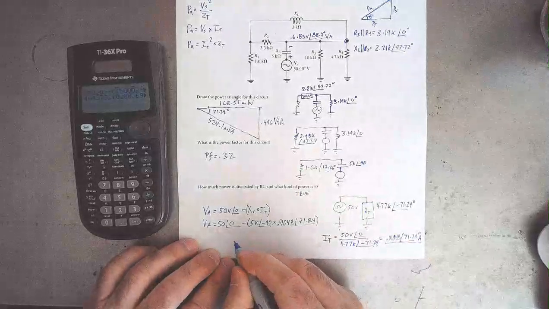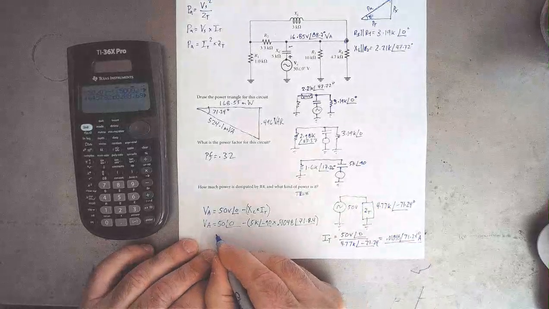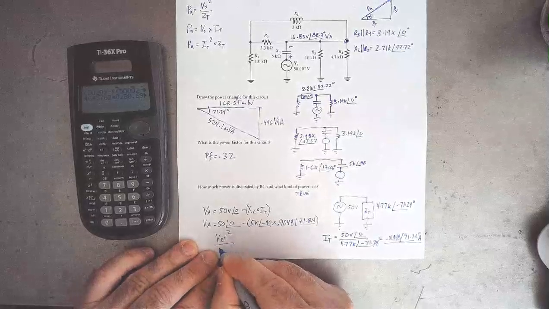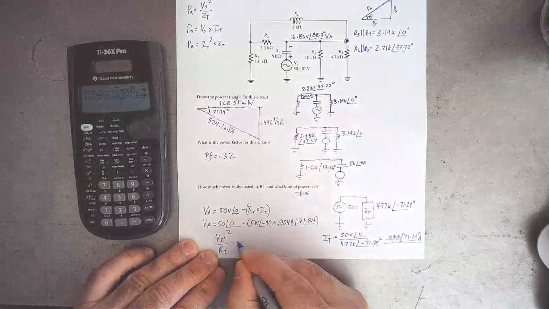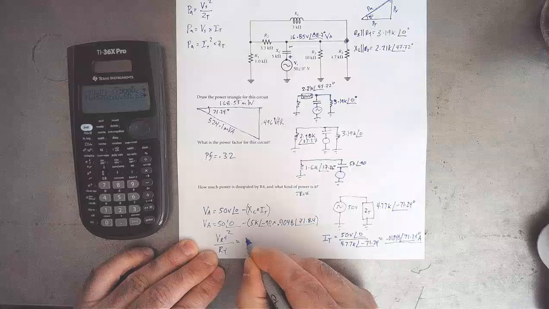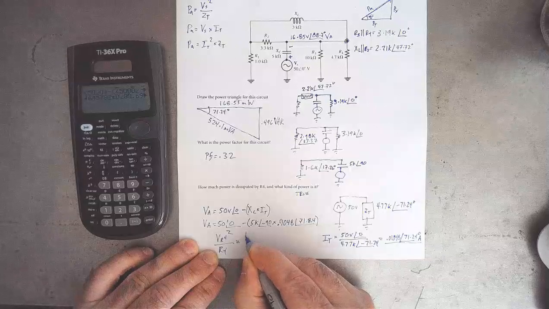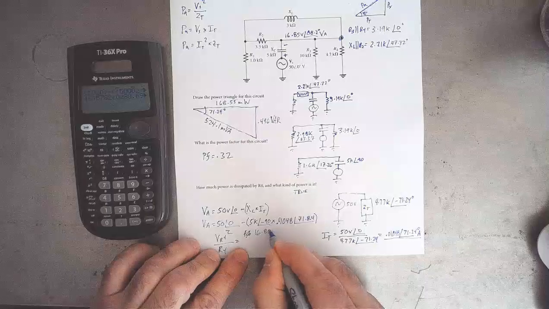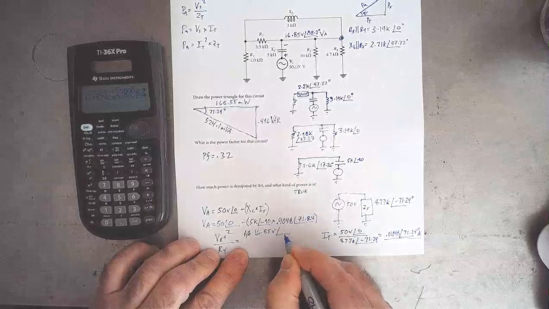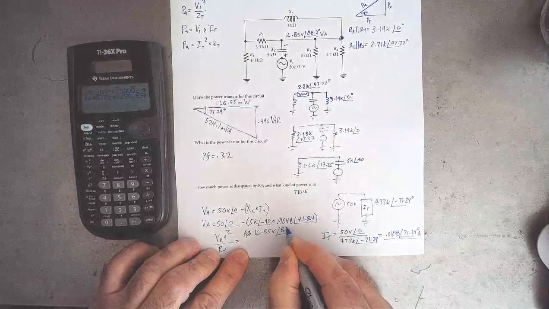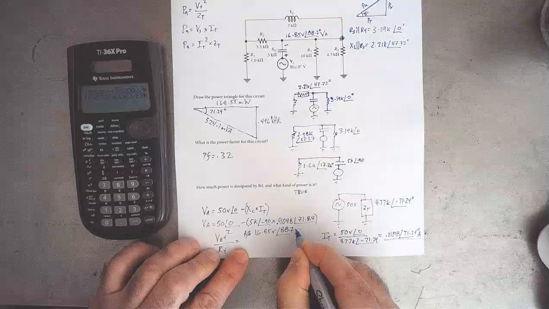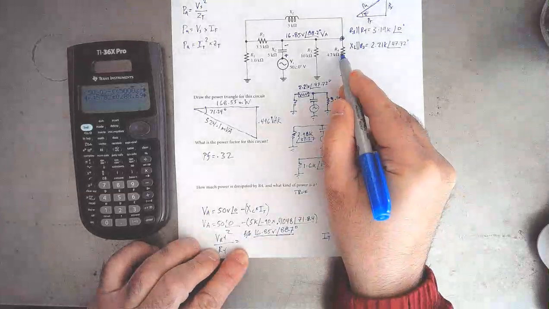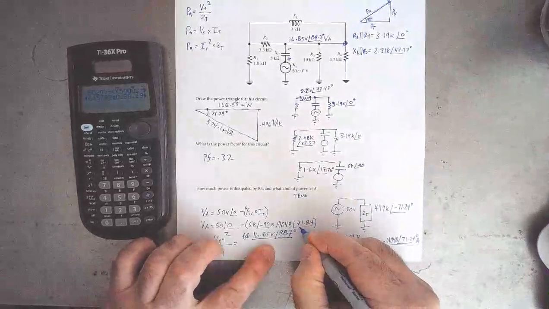So the voltage across R4 squared, so VR4 squared divided by whatever R4 is, whatever the impedance that is. So that's going to give us 16.85 volts at an angle of 88.7 degrees divided by, and that's squared as well, sorry.